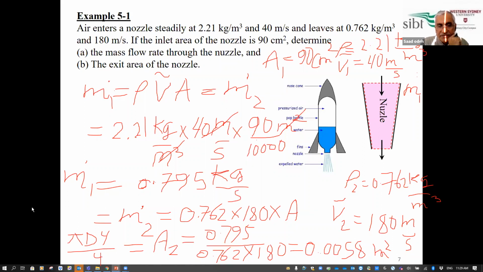Because if I find the area, I can find D. Correct? Yes, sir. So this is a very quick, simple example, but it shows you the application of the mass conservation law. Any question before I clean the page?